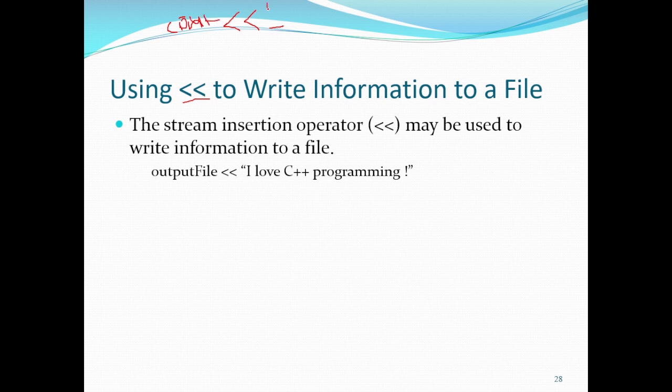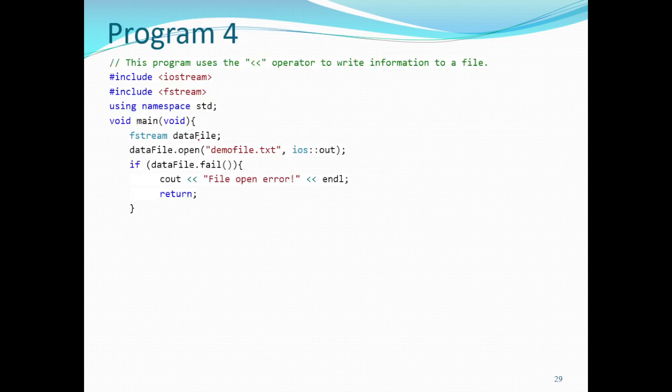Anything in here, the message or the data, goes to the screen. In this case, it goes to the file. This message goes to the file, which means we are writing this message to the file. Another example: we open a file for writing.